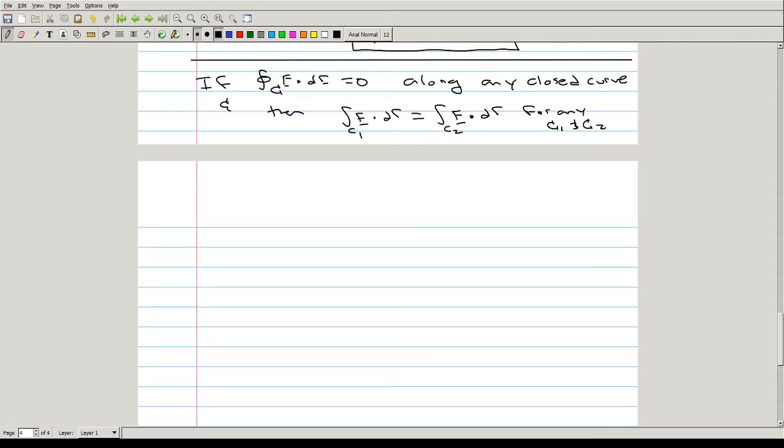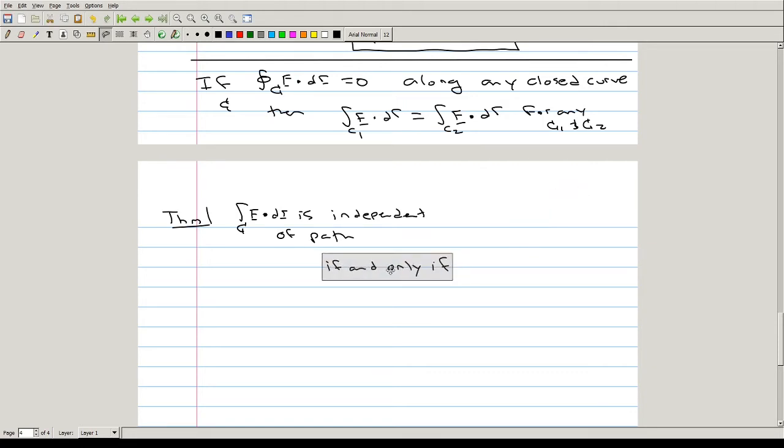So we'll first summarize this theorem as, we've shown that the line integral of f dot dr is independent of path if and only if the line integral along any closed curve C is equal to 0.